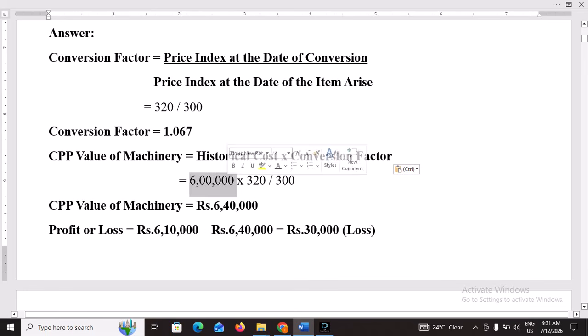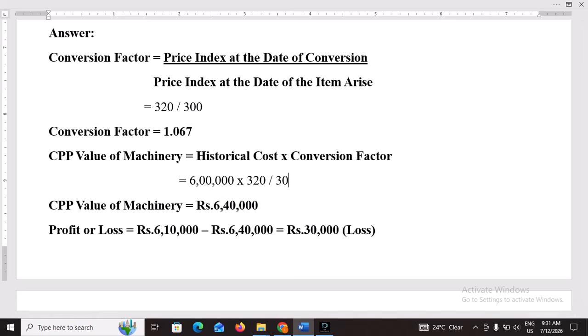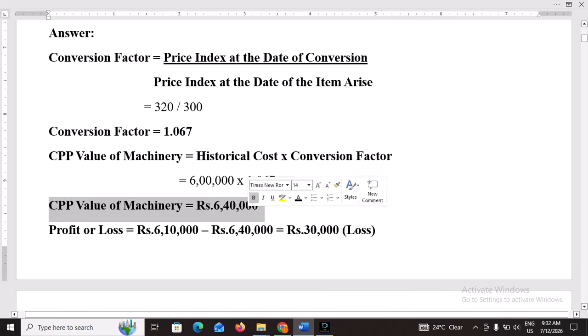So 6 lakh rupees into the conversion factor, 1.0666 recurring. You will get 6,39,999. I think 6,40,000 as a round figure. CPP value of machinery is 6,40,000.